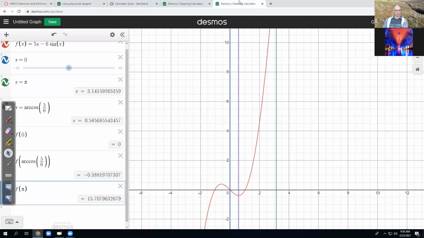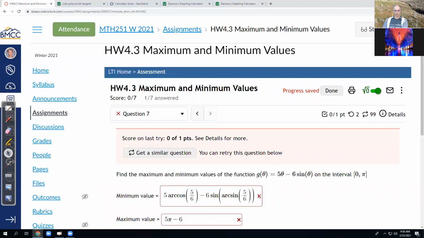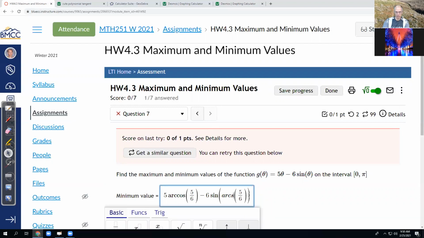Minimum comes from the arc cosine, which is this point here. Why doesn't it like that? I think I typed all that right. Oh, I did arc sine right there. That should be arc cosine.